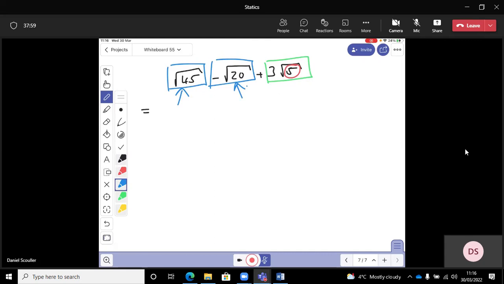Okay, so the rules of surds, this is section 2.5. We can split up the inside number as a multiple. So 9 times 5 in this case, minus the root of 4 times 5, plus nothing happens to that final term.